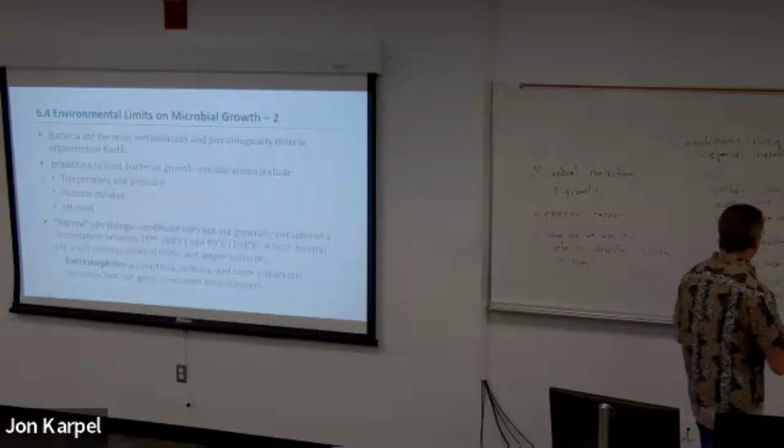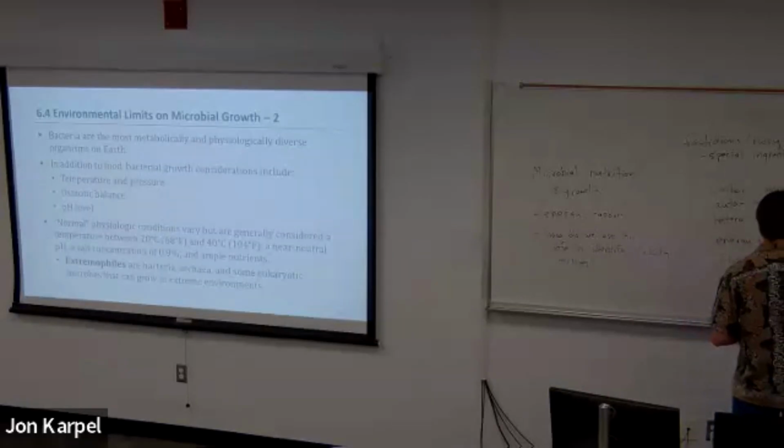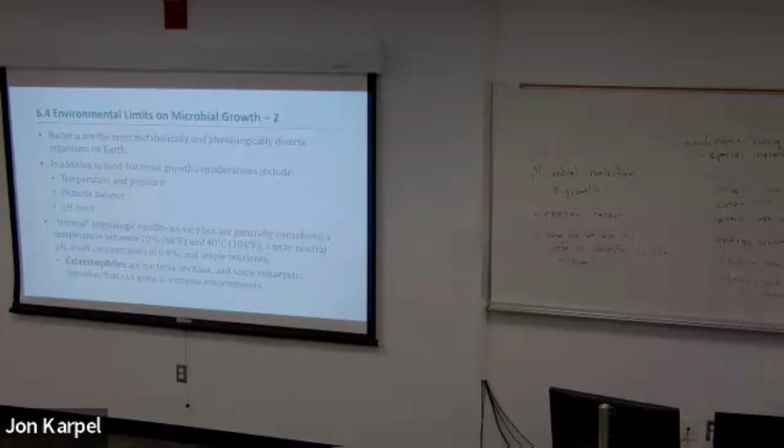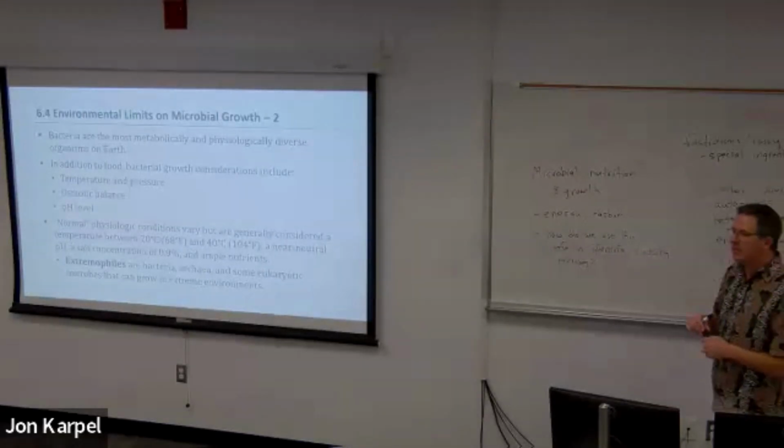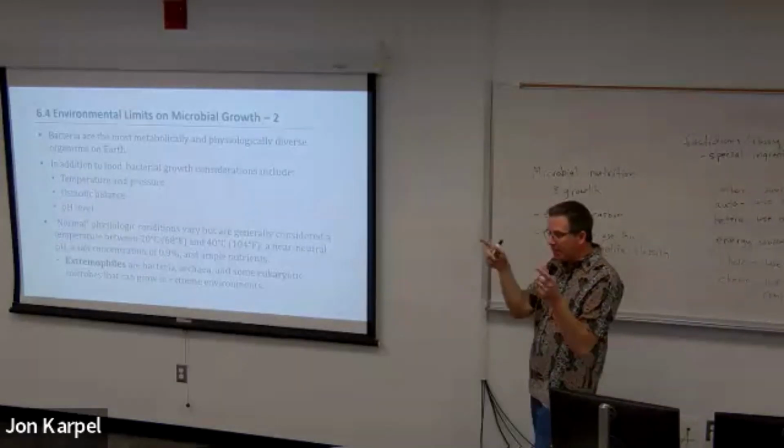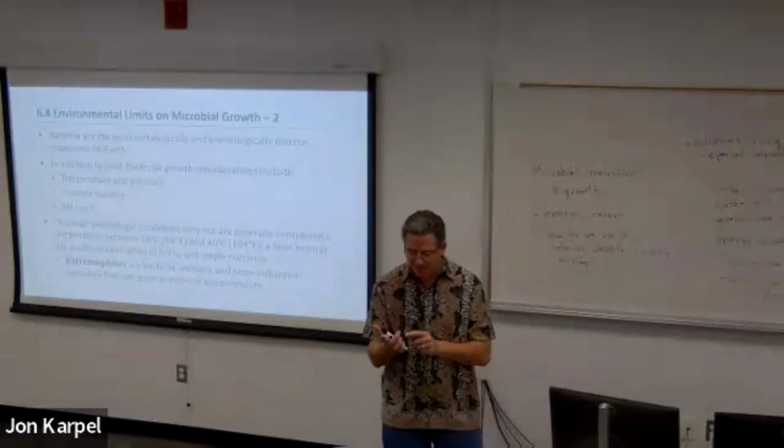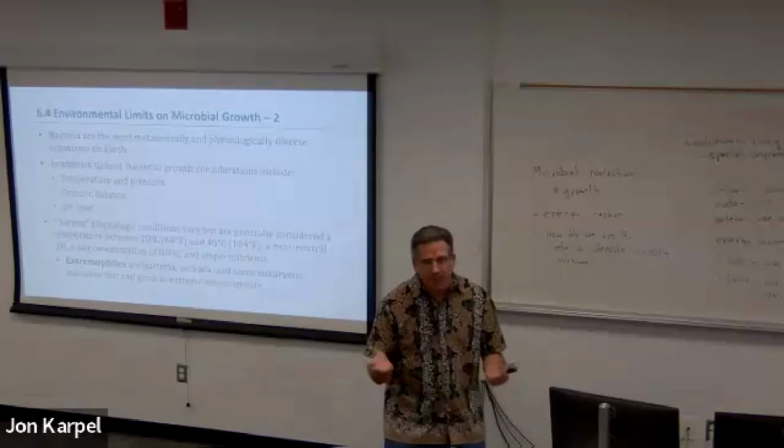What other considerations do we need? What other growth considerations do I want you to think about? Well, what about temperature? Is that a concern? And pressure? Sure. Do most organisms have an optimal temperature they like to grow at? Yes, right?